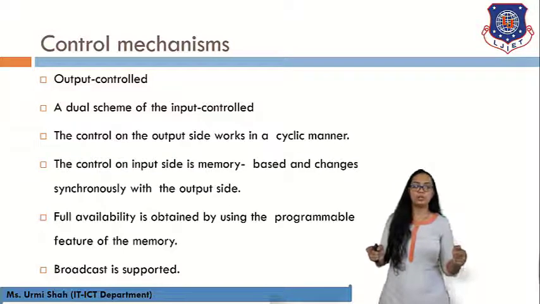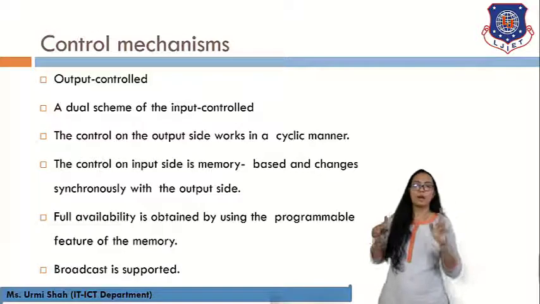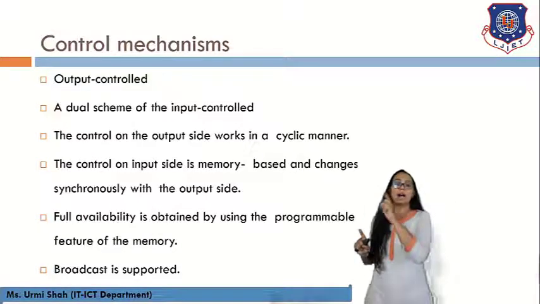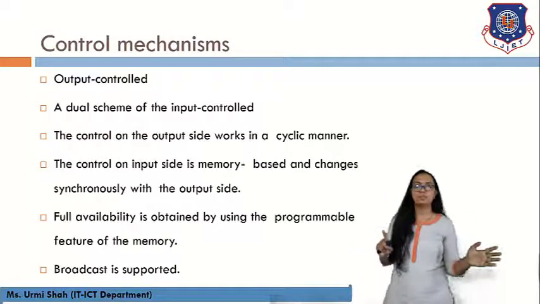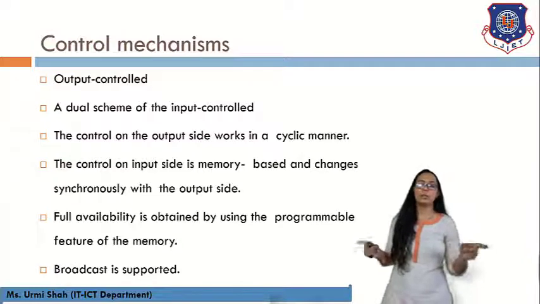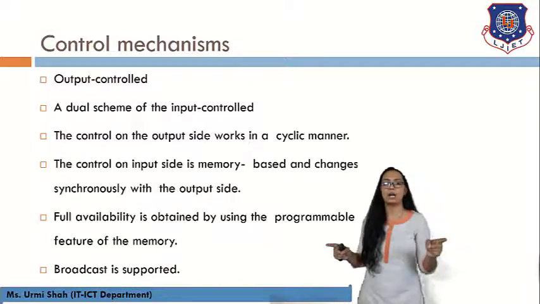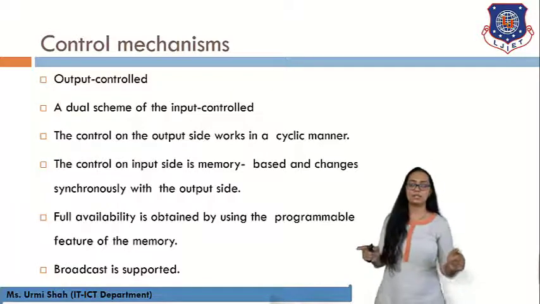In input control, input side was cyclic and output was having memory based storage which was having a synchronism. While in output control, output side is having a cyclic manner and input is going to have a memory based synchronism. So this way both the processes, input control and output control, are the replica of each other.